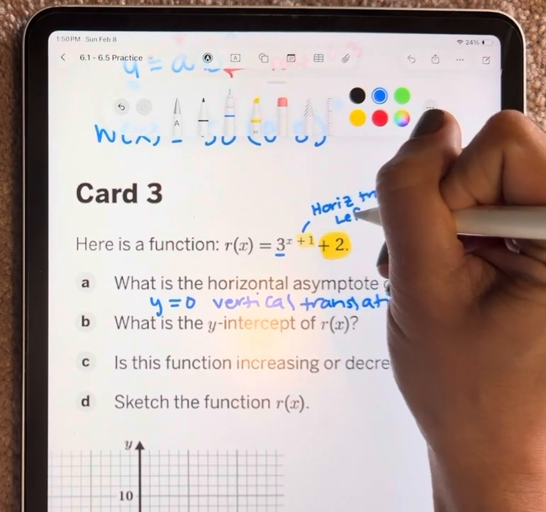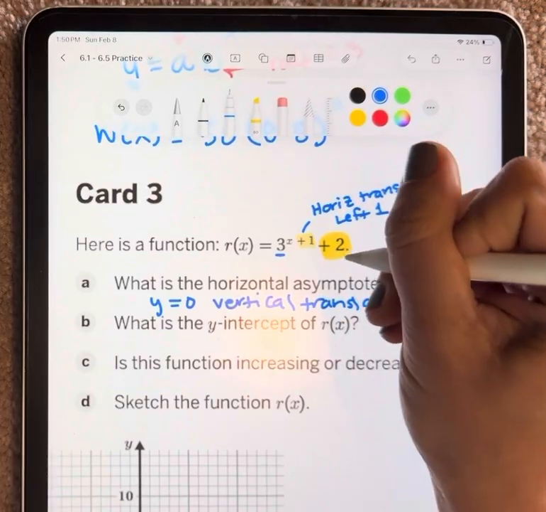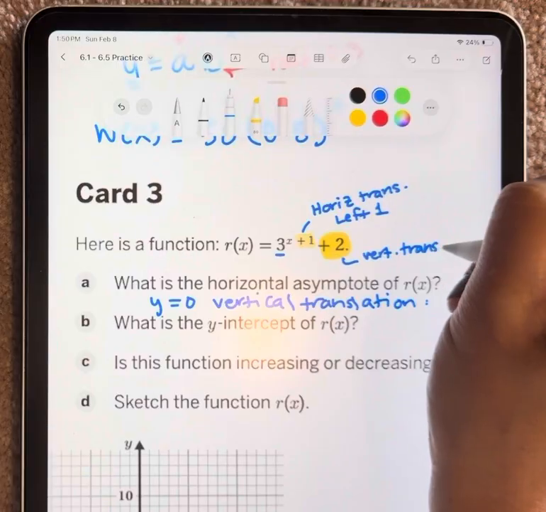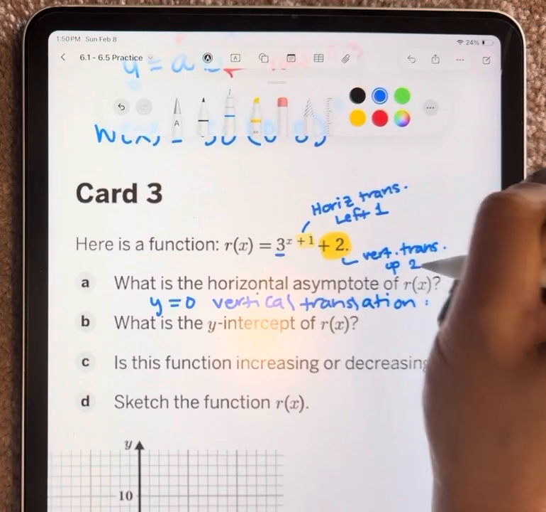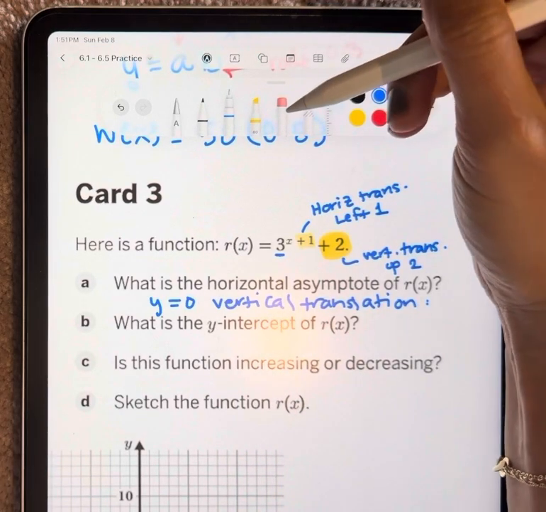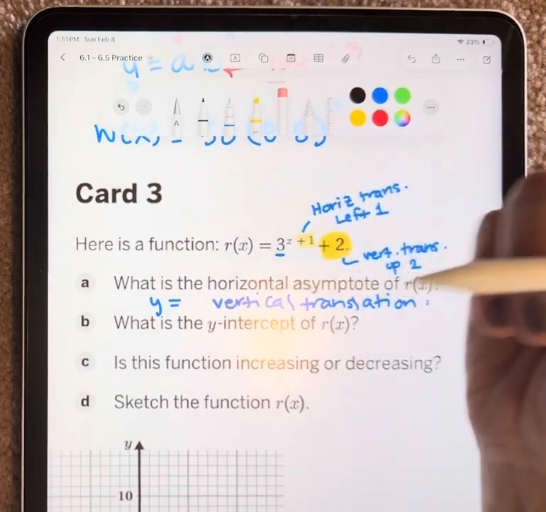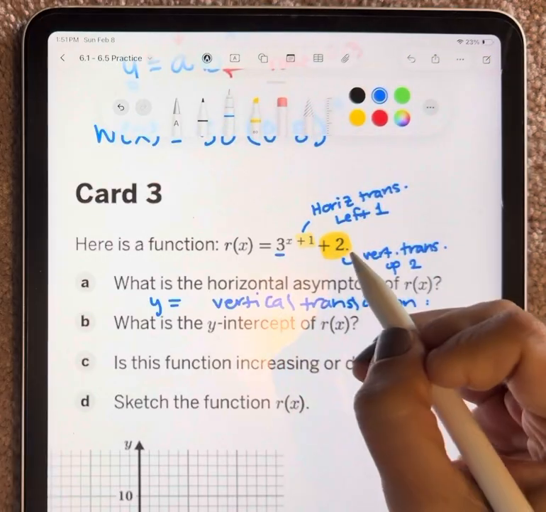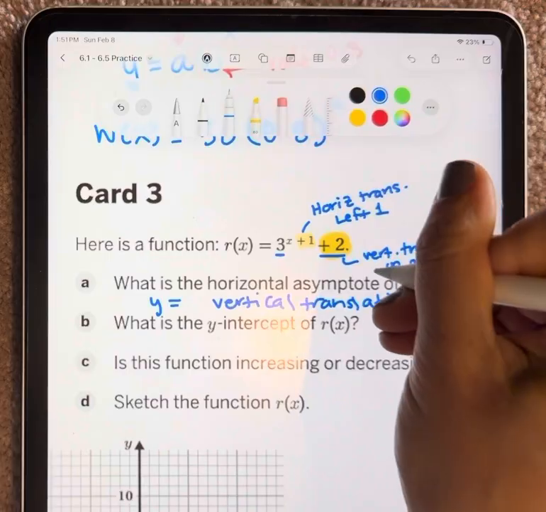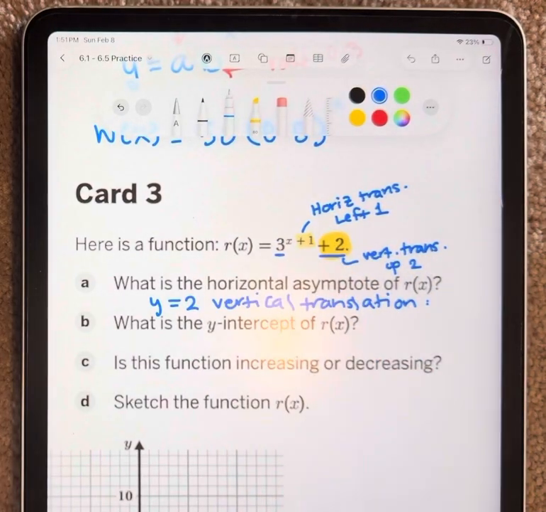Left one, because x is a liar. And this guy is a vertical translation up 2, because y doesn't lie. So I did have a vertical translation, which means my asymptote has gone to whatever the vertical translation is. So instead of 0, it's 2. All right, it's that easy.